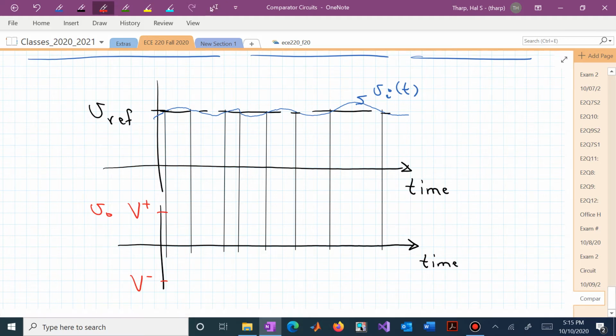That means that our comparator with a reference is going to be big here, it's going to be big here, it's going to be big here, which is maybe what we wanted because it's at Vref, but now it violently swings down to this V minus anytime that V sub I, the input voltage, is a little bit less than Vref.